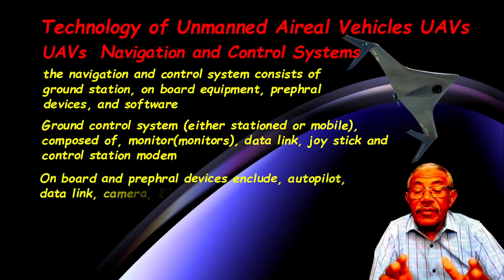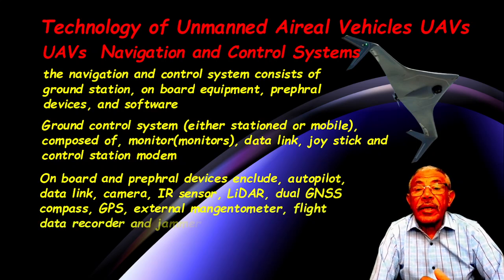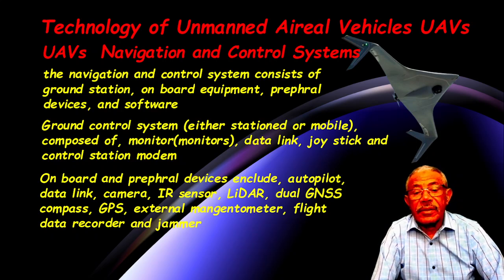On-board and peripheral devices include autopilots, data link, camera, infrared sensors, LiDAR, dual GNSS compass, GPS, external magnetometers, flight data recorder, and jammer.